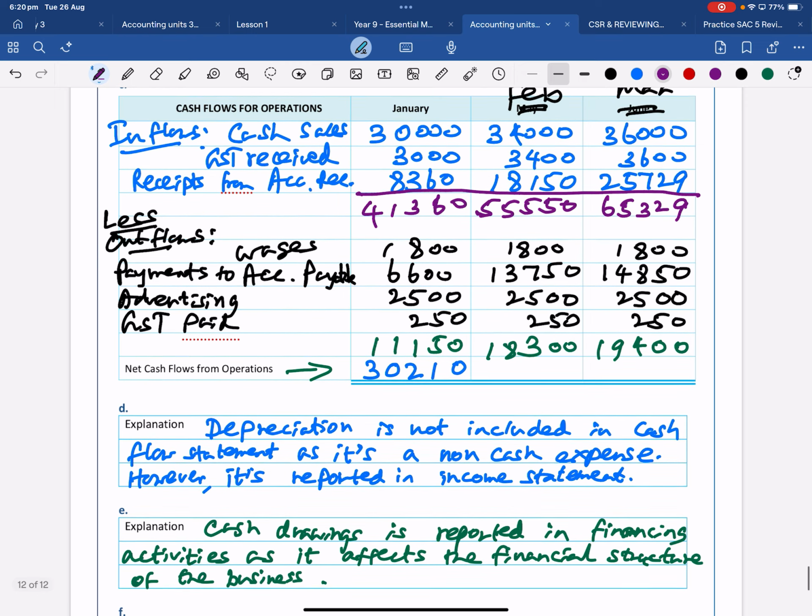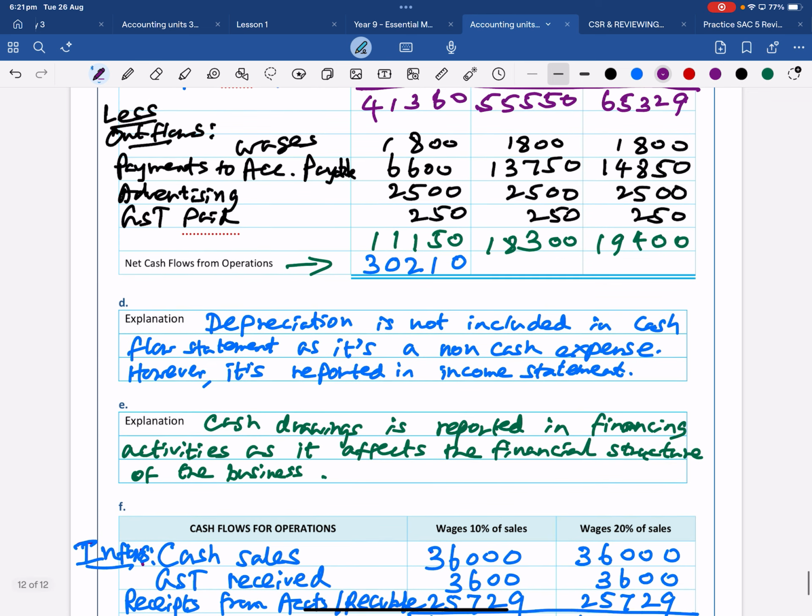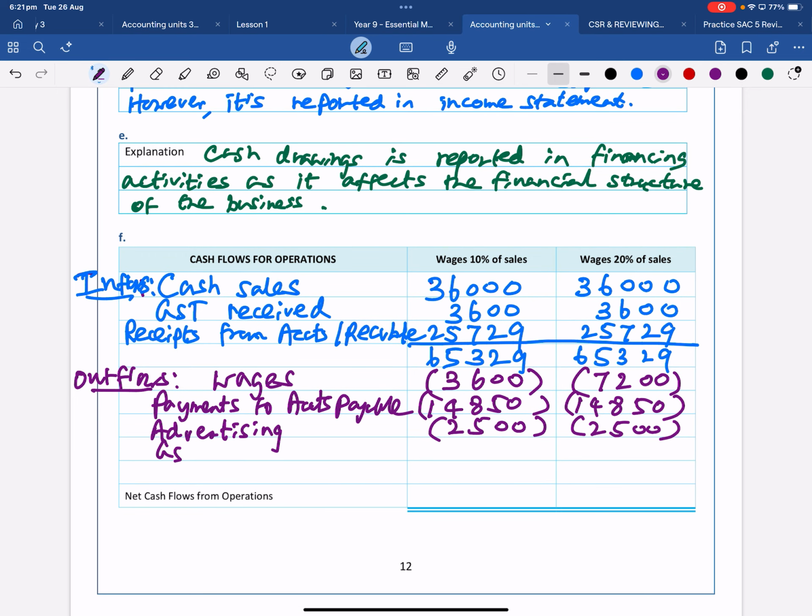Then we have advertising 2,500, and GST paid 250. Right, let's add the total outflows, guys. 21,200.